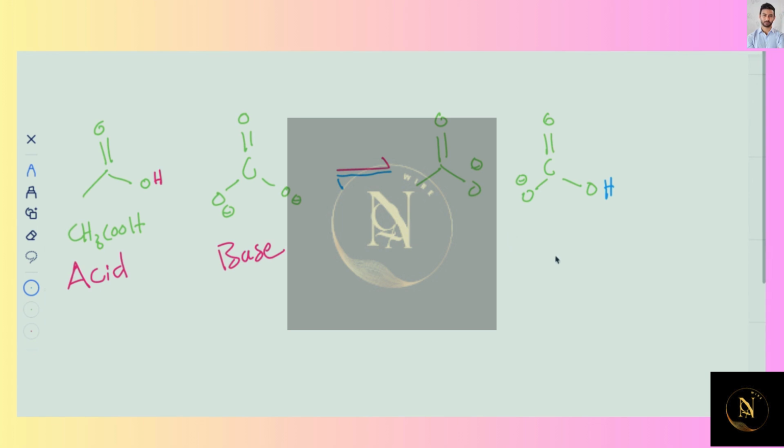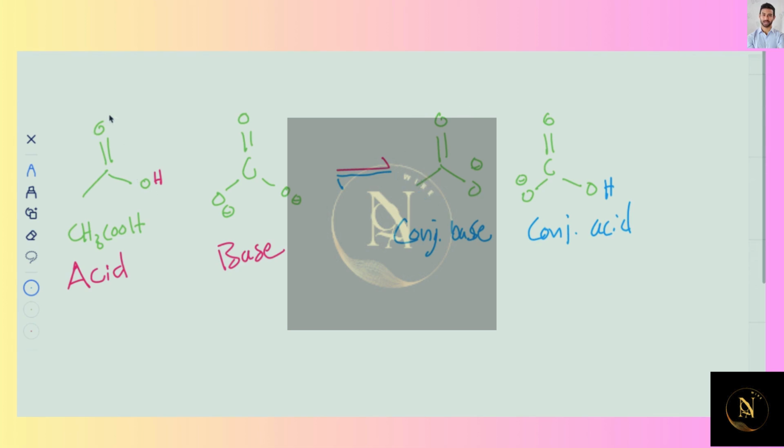So it's the opposite. What that means is this is acting like an acid when we consider moving right to left. Okay, so this is our conjugate acid, and this is our conjugate base. Meaning when we move from right to left, this is acting like a base because it gains a proton.